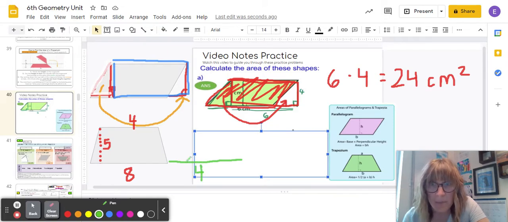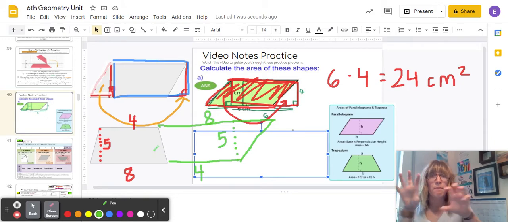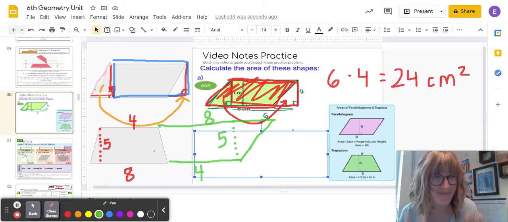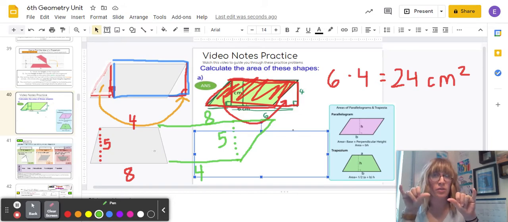This will become a base of 4, just like up here, and this will become a base of 8, just like down here, and then we will connect it with our side length there, and it's going to have a height of 5.